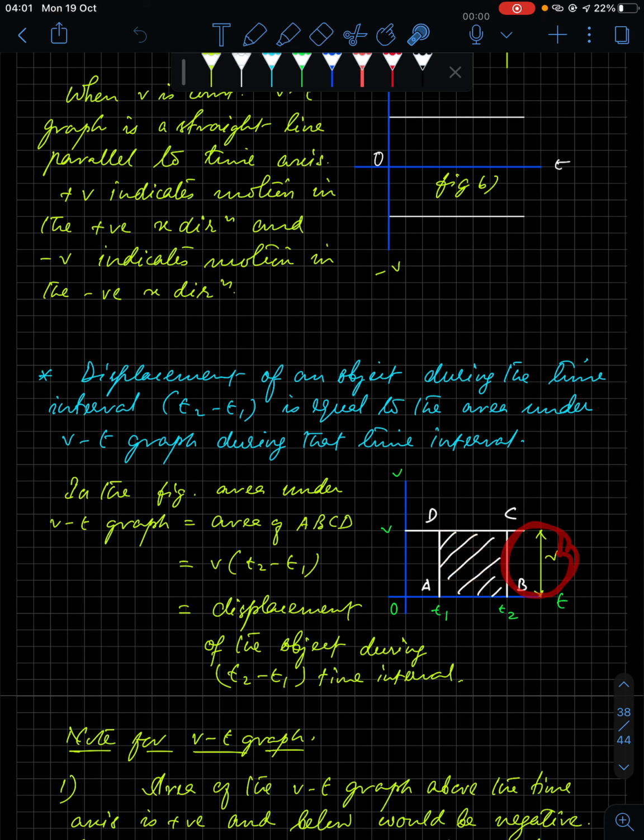What is the area of this shape, this rectangle? This side length is v because this is the velocity, and this side length will be of time, because this is the time axis. So the time would be t2 minus t1.